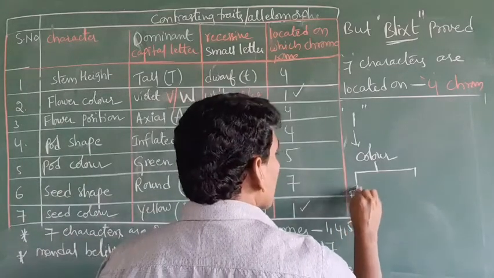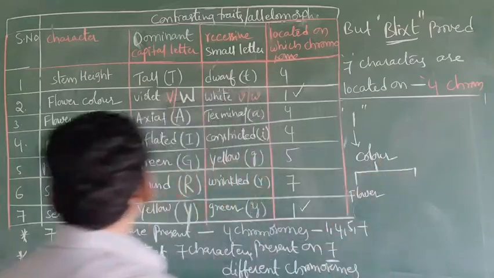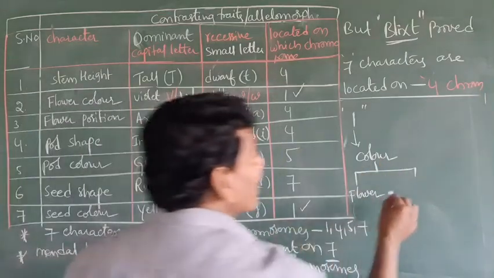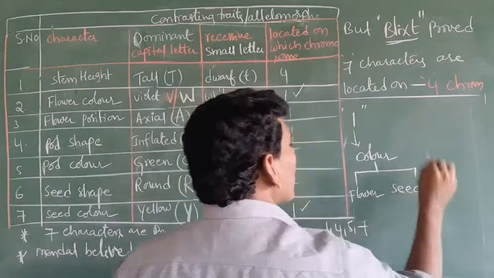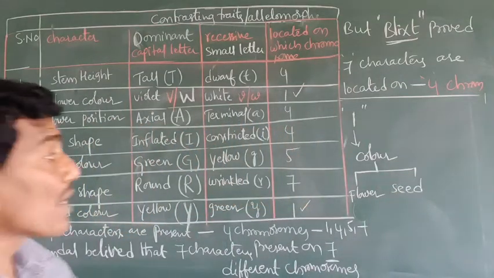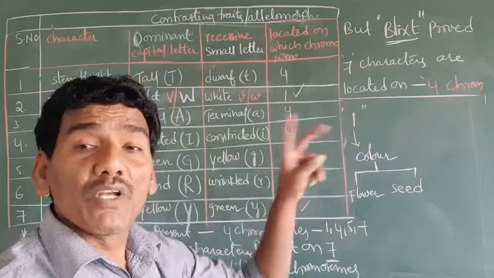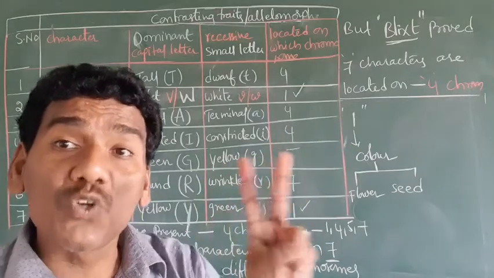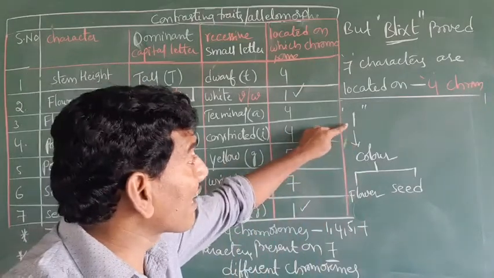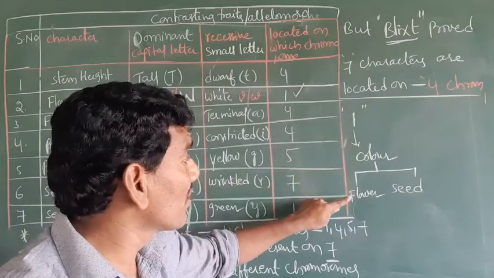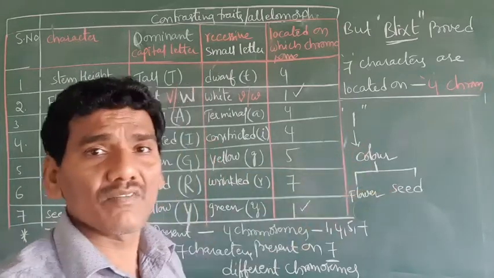Flower color and seed color. Actually, 2 characters are present on the first chromosome: flower color and seed color.